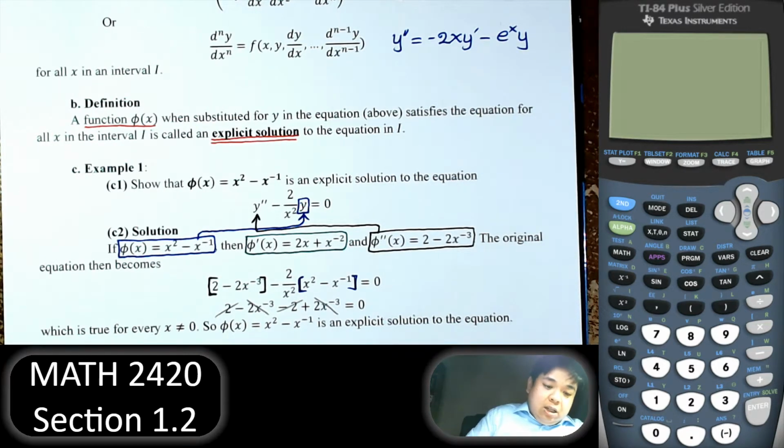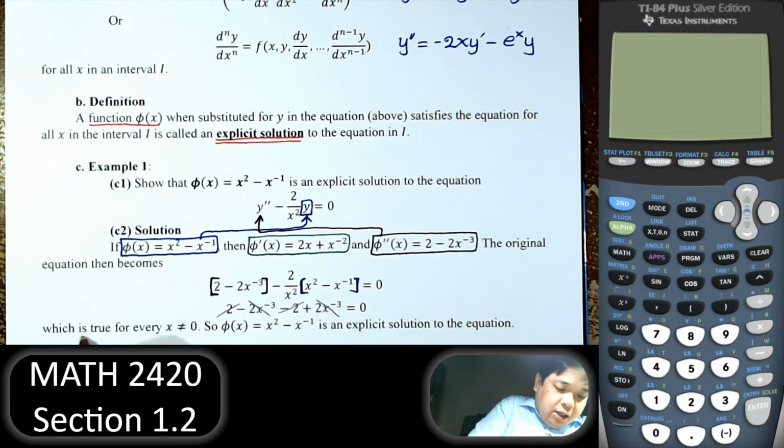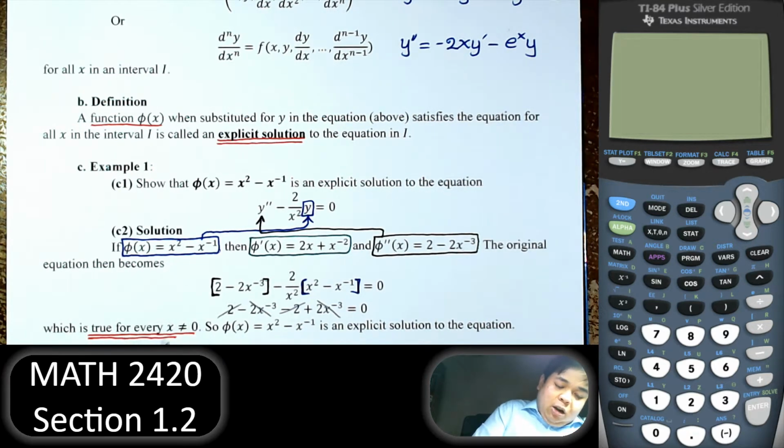Because it is true, and true for every value of x not equal to 0, because if x equals 0, this one is undefined. We cannot divide by 0. x to the negative 1 is 1 over x, and 1 over 0 is undefined. So this is true for every x not equal to 0.